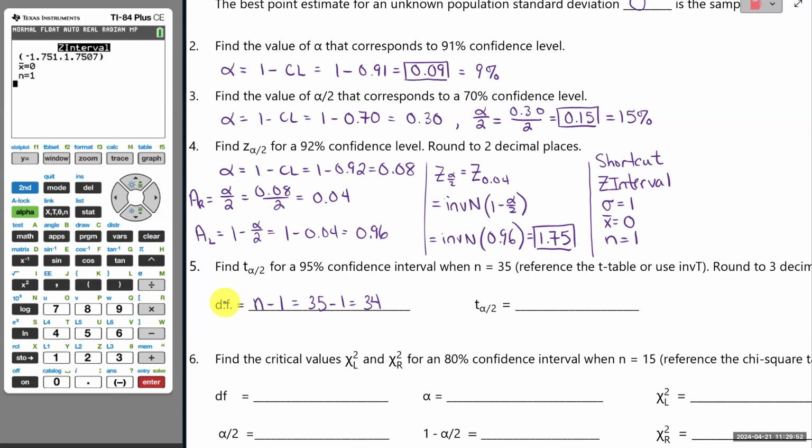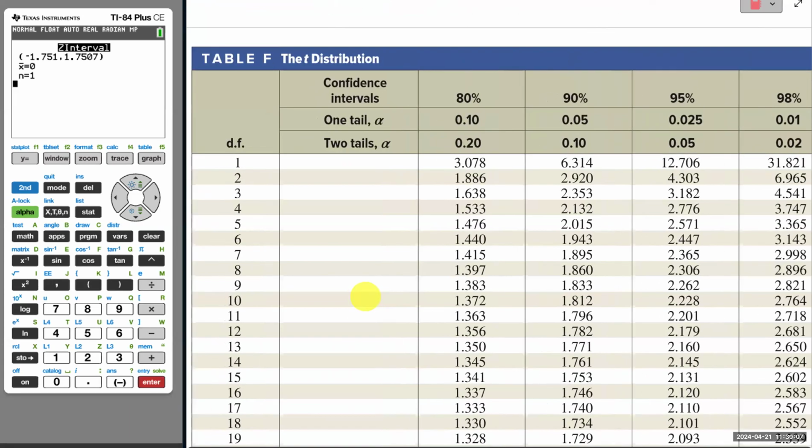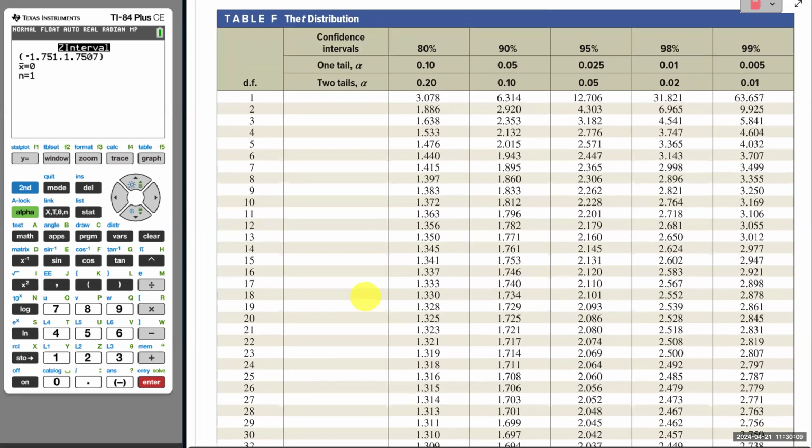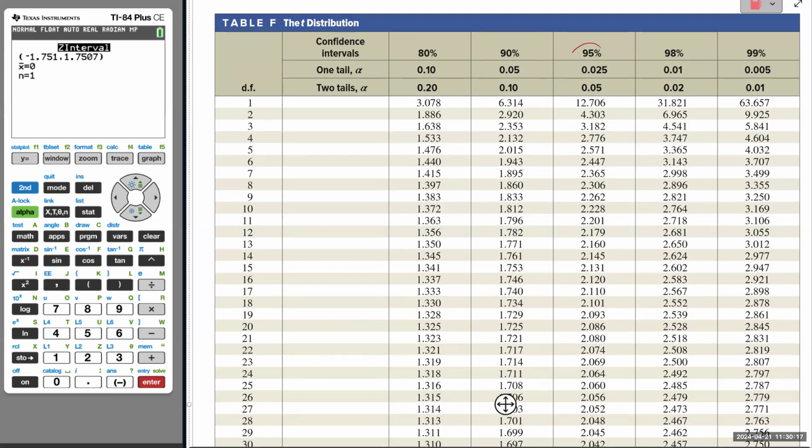All right, so let me just go table lookup here first. So you're going to go to our T table and look for 95% confident, degrees of freedom 34. Okay, so just going to circle some things here in a different color. All right, so up there at the top, confidence interval.